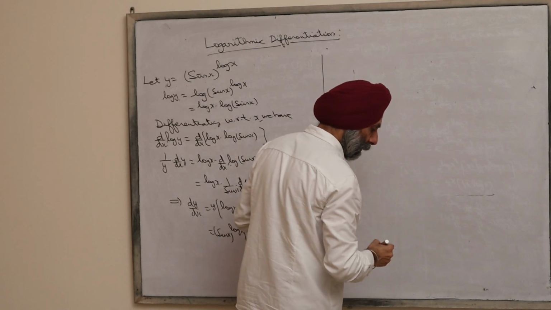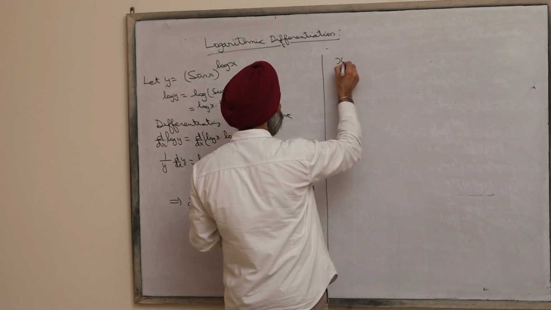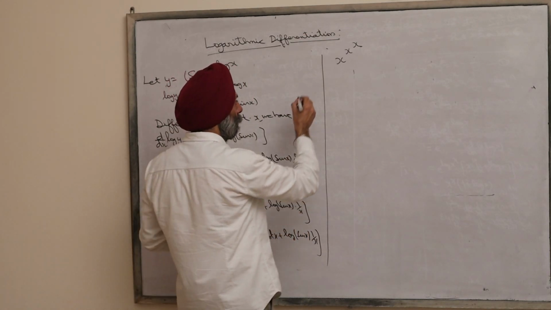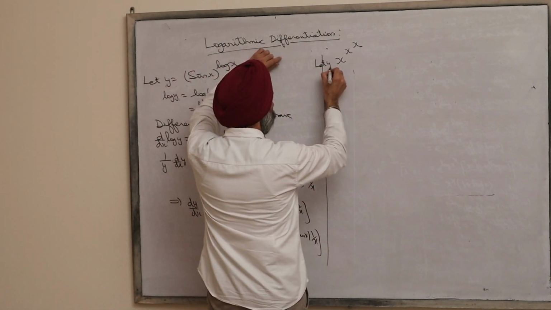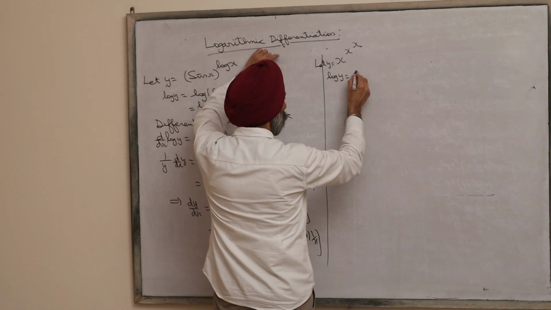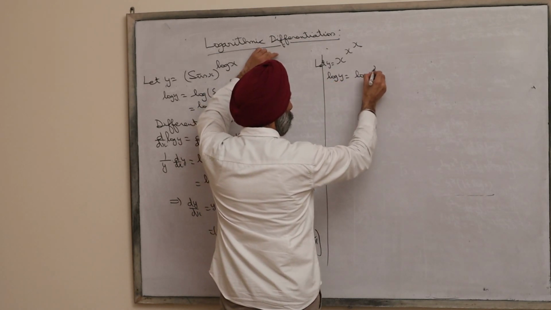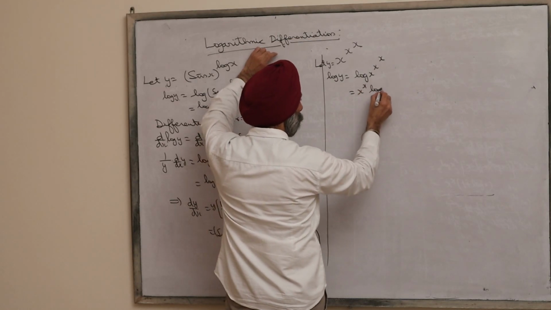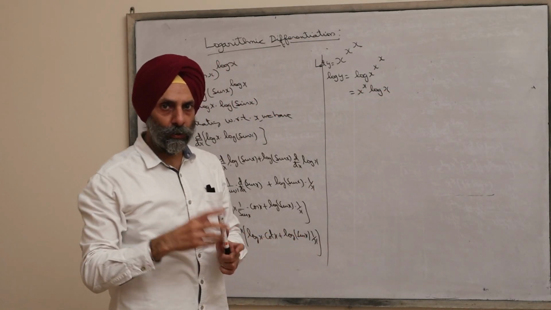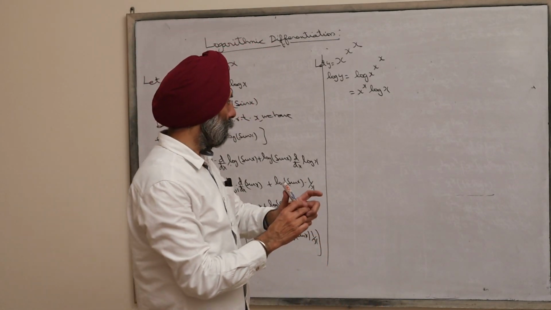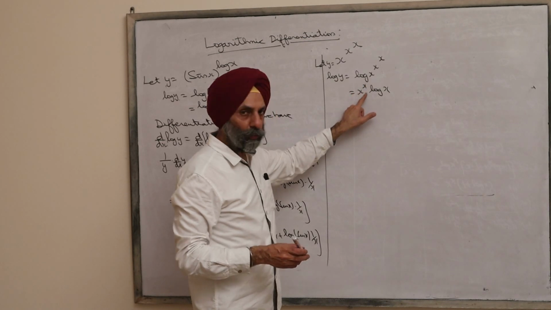Now for example the next one is x raised to power x raised to power x. So again let y is equal to this, log of y is equal to log of x raised to power x raised to power x. Can this be written as x raised to power x into log x? So how is this question different from the previous questions? You can see that still it is variable raised to power variable form.